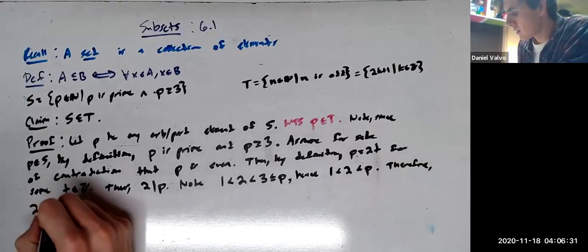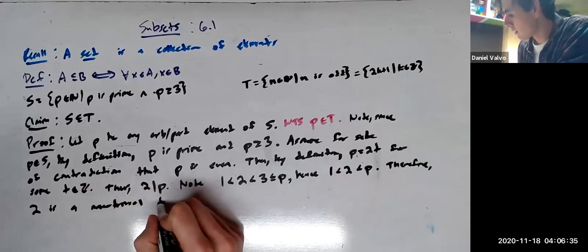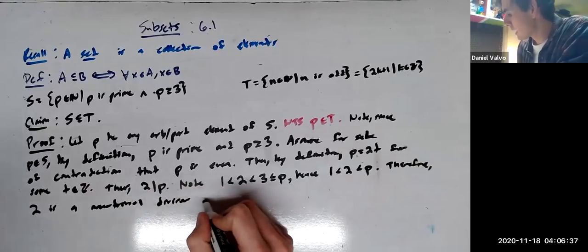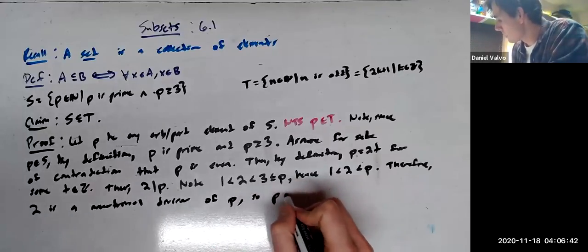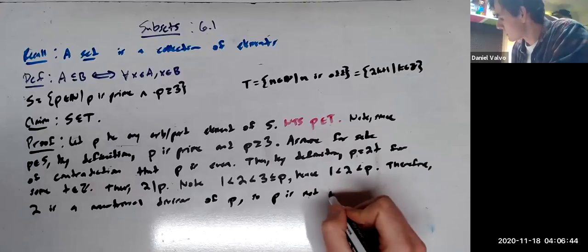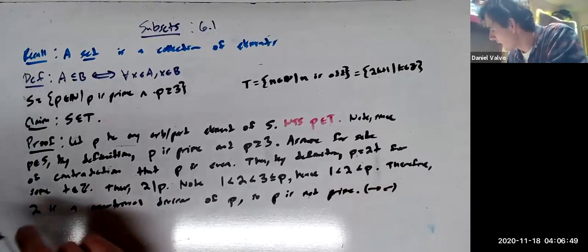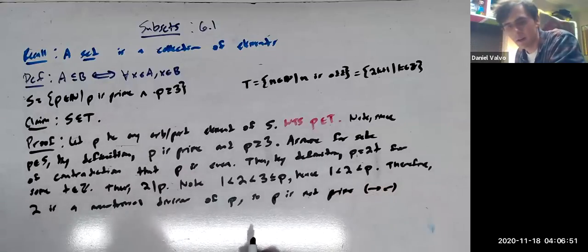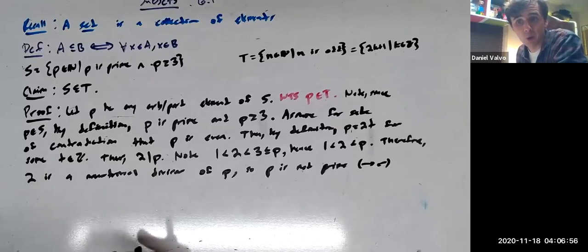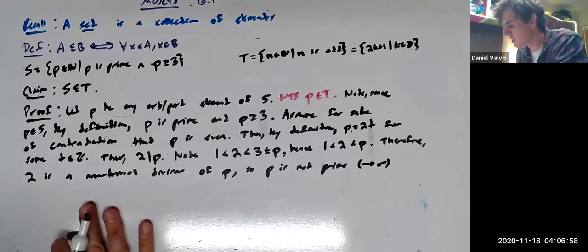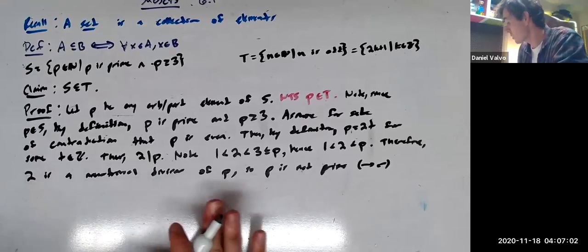Therefore, 2 is a non-trivial divisor of p, so p is not prime. Contradiction. Does that make sense? A non-trivial divisor is a positive divisor that's not itself or 1, so it's a divisor greater than 1 but less than itself.